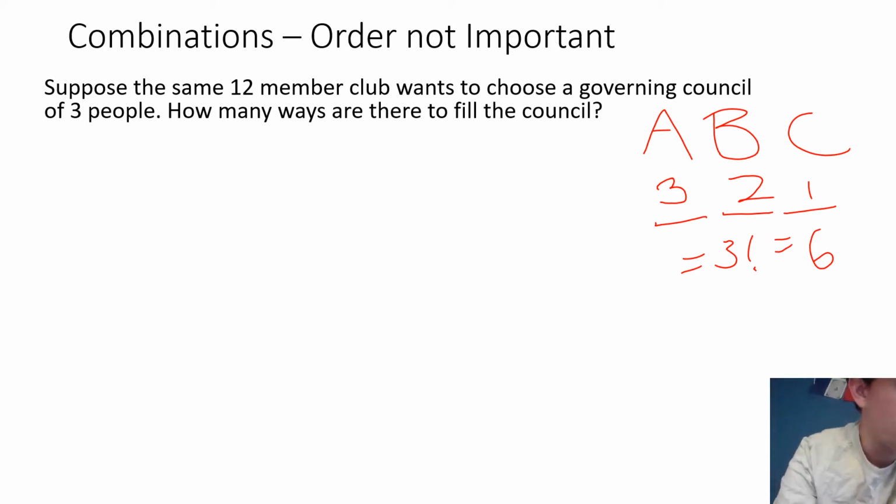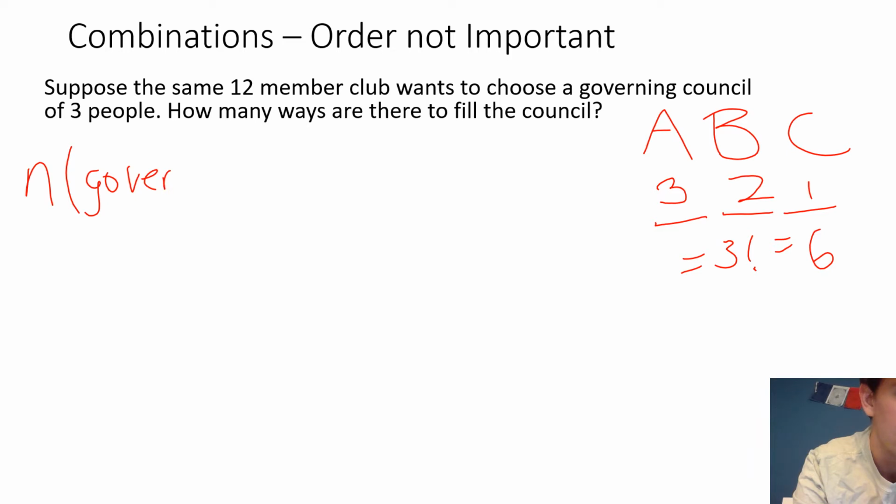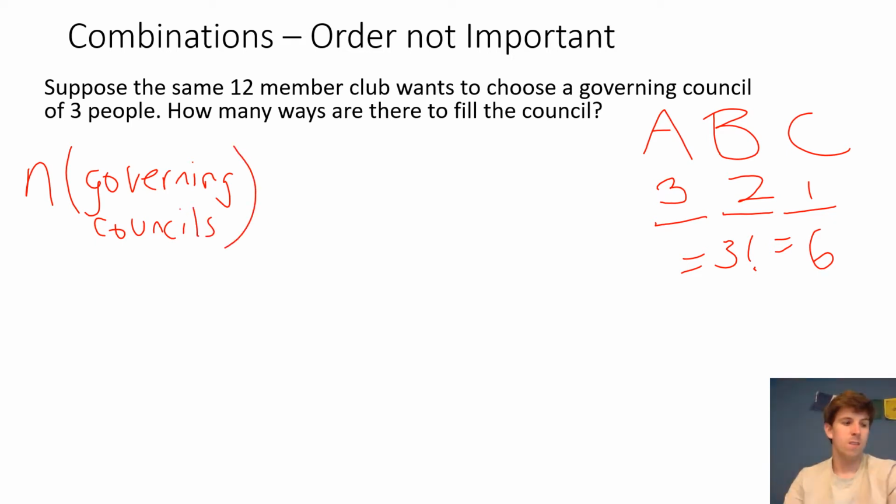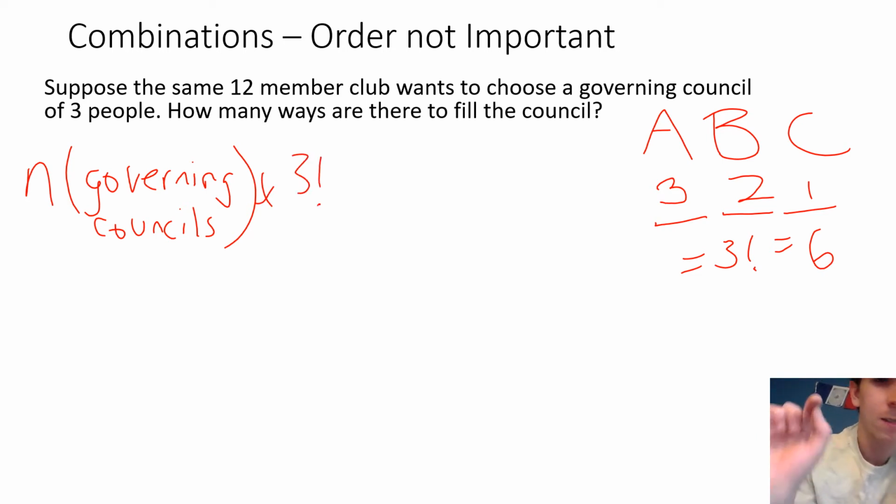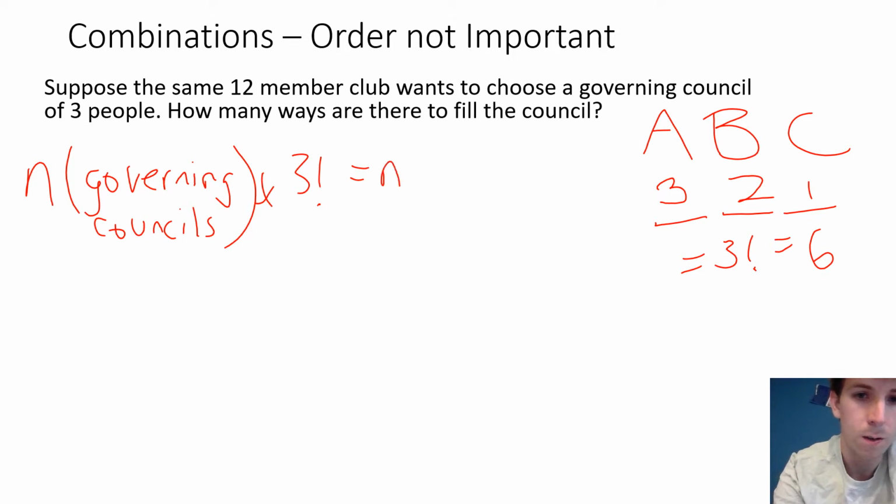And so we know that the total number of governing councils times 3 factorial, or times 6, is going to equal the total number of slates of officers.